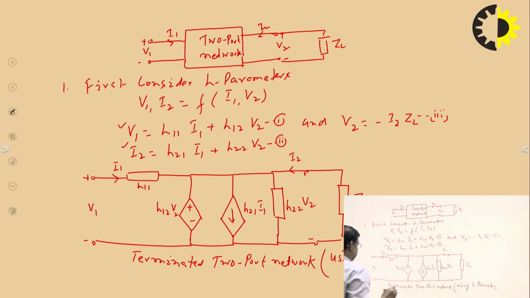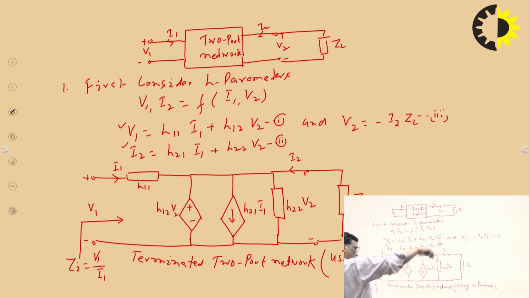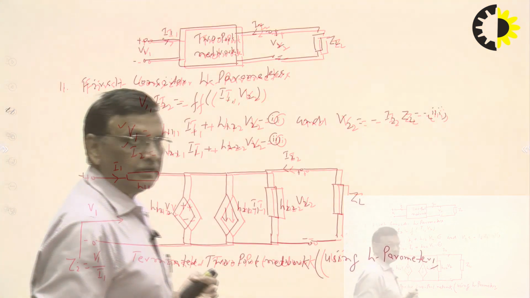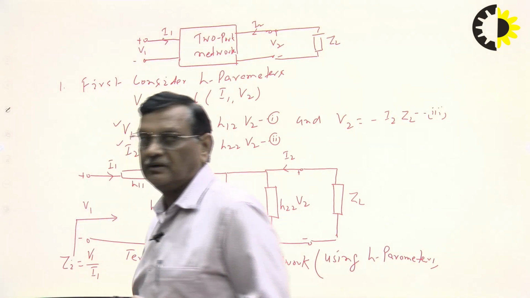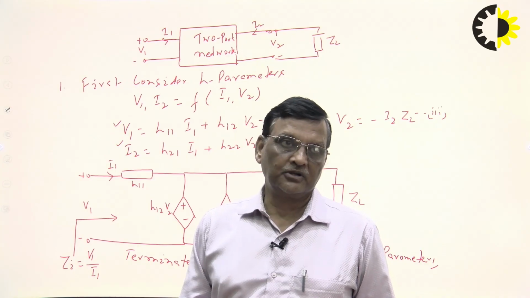This Zi is V1 upon I1, when the output port is terminated by ZL and you are looking from the input port and you have to find the equivalent input impedance, which is the ratio of voltage to current, V1 to I1.